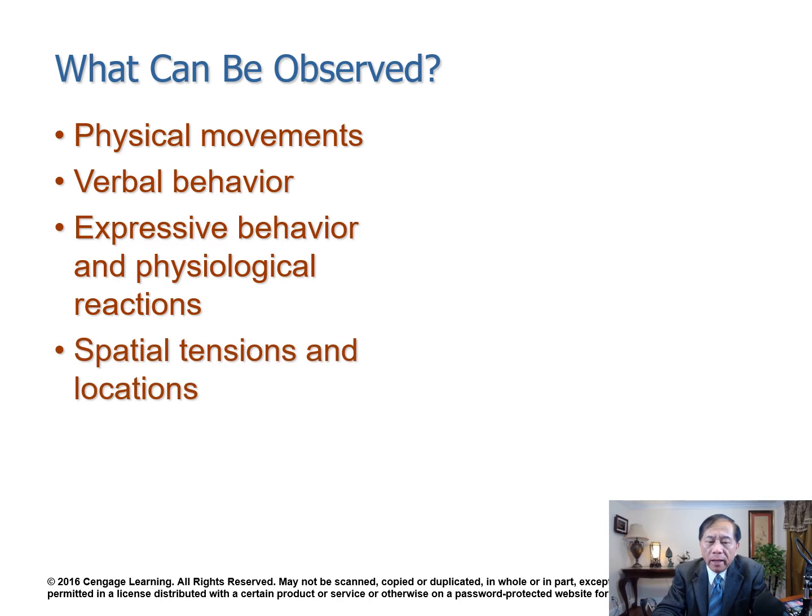And spatial relations and locations: are people closer together or further apart? How close do they get to another person, to an object, or to merchandise? And the locations: how do they move about? For example, a shopper moving around inside a grocery store or supermarket.